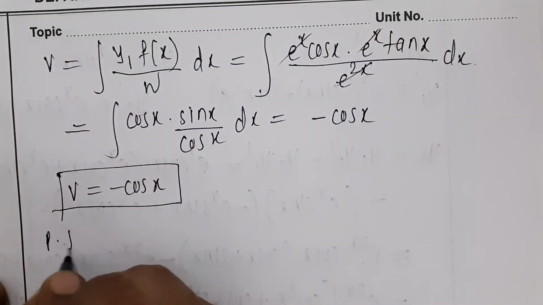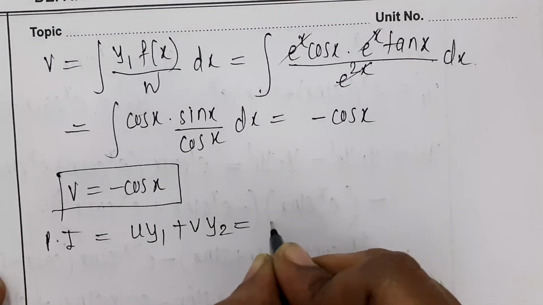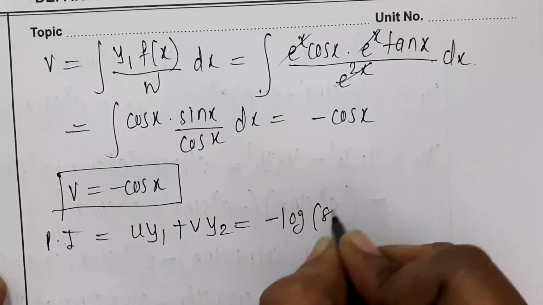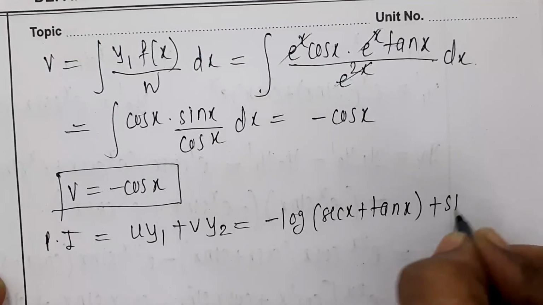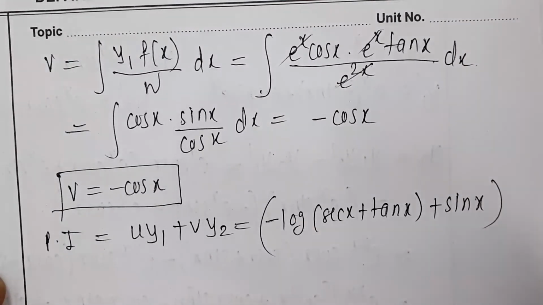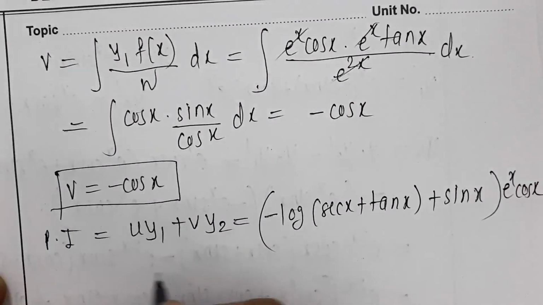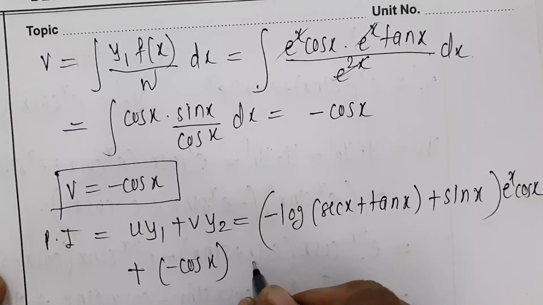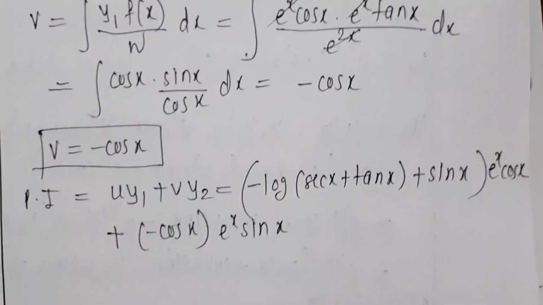Now the particular integral can be written as u into y1 plus v into y2. So u is equal to minus log of sec x plus tan x plus sin x, this whole term multiplied by y1, where y1 is e^x cos x, plus v, which is minus cos x, multiplied by e^x sin x. Now simplify the whole term so that some terms will get cancelled.